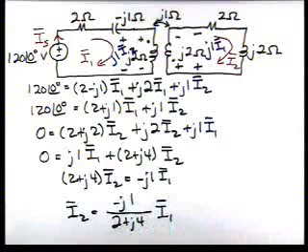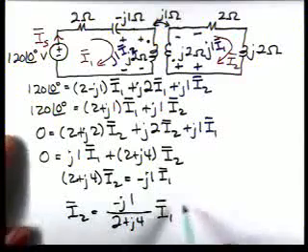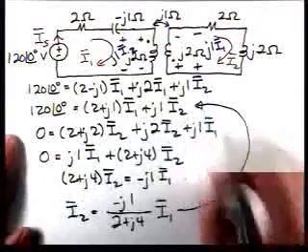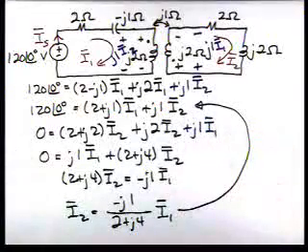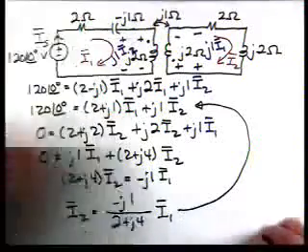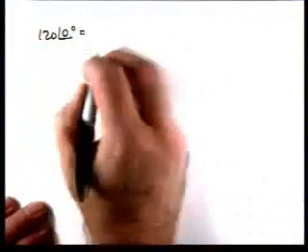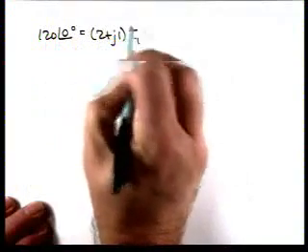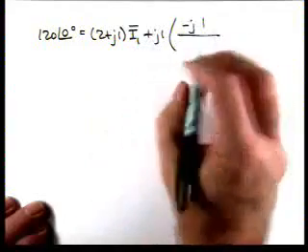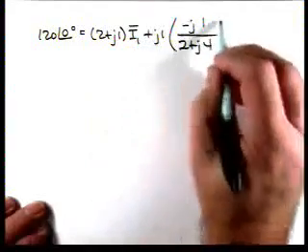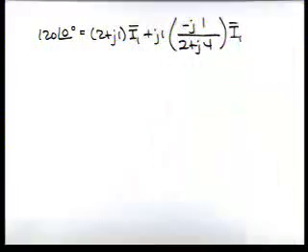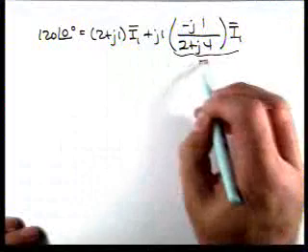Now, we'll take this and substitute it into this equation for I2. So now we have 120 at an angle of 0 is 2 plus J1 times I1 plus J1 times minus J1 over 2 plus J4 times I1. And if you remember, this is I2.